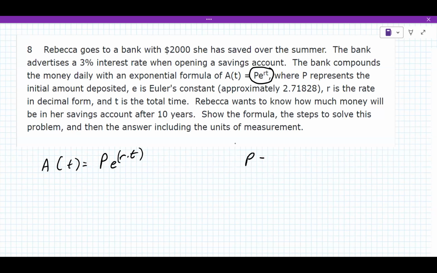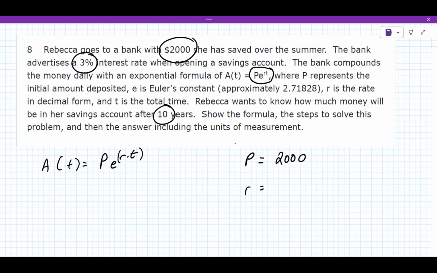P is the starting amount. What is the starting amount in this problem? How much is she starting with? She's starting with $2,000. R is the interest rate, but you cannot use it as a percentage. You have to convert it to a decimal.